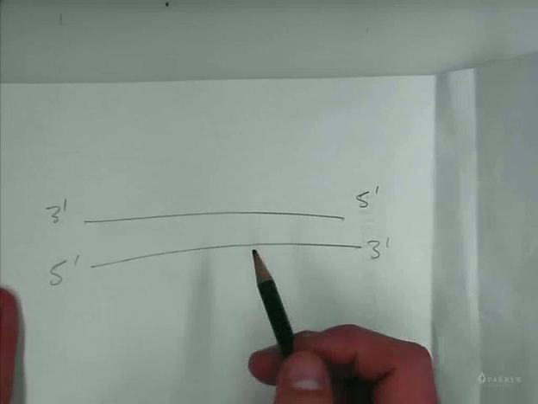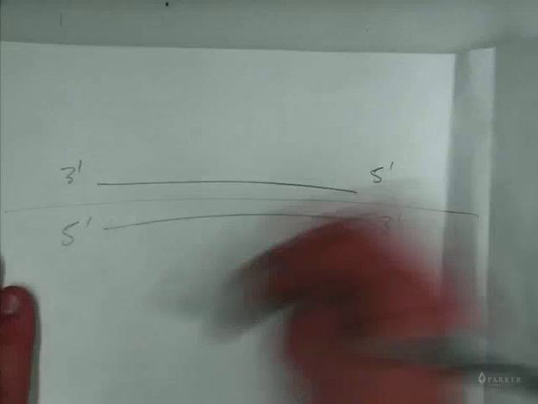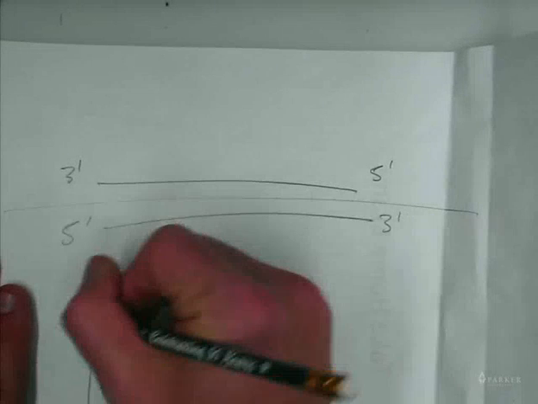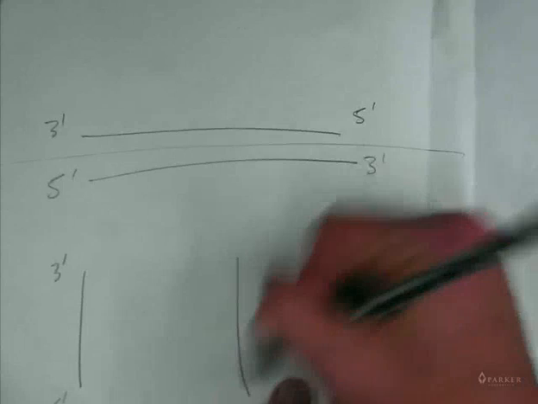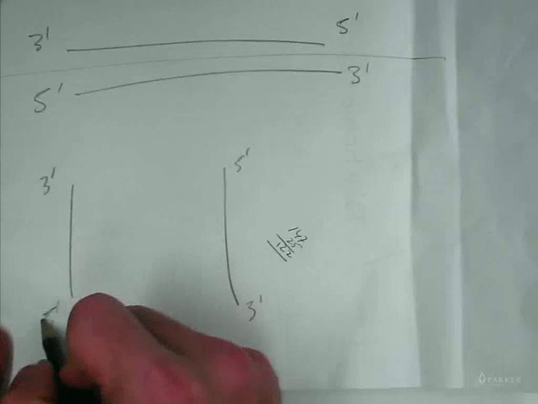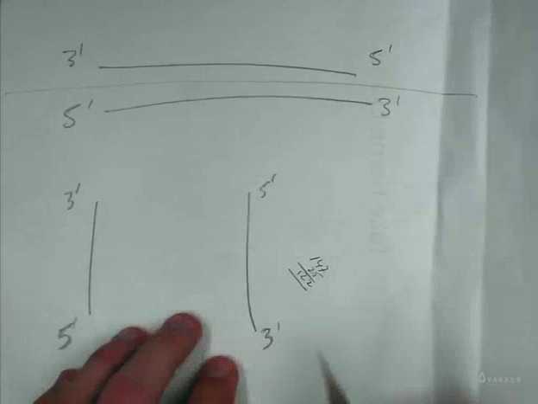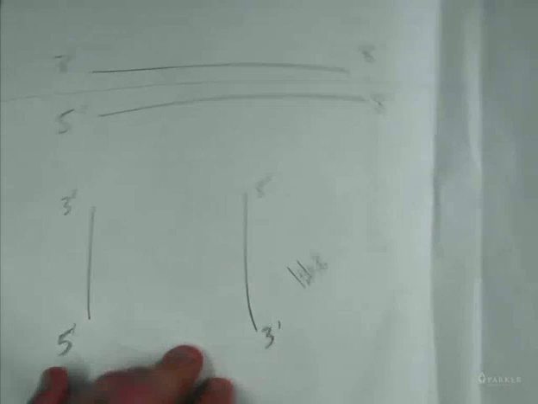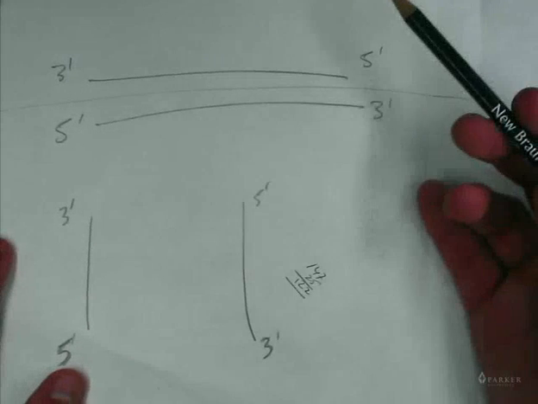These need to split. So something's going to split it. Now I'll just put them vertical. We've got a 3' over here, 5', and then this one over here is going 5' to 3'. These are two separate strands now.